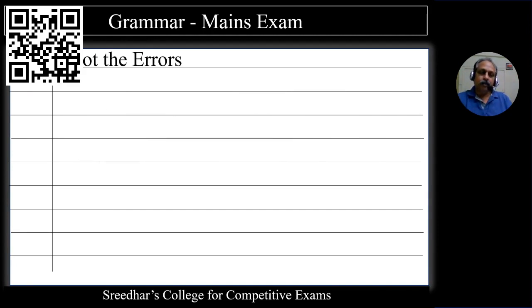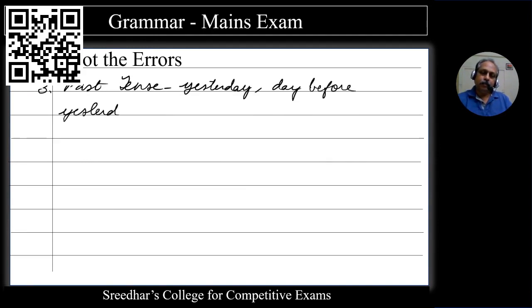Let us go to the third one. Past tense. Past tense, what are the time phrases? Yesterday, day before, yesterday, last week. When I say last week, last month, last year, obviously understood.